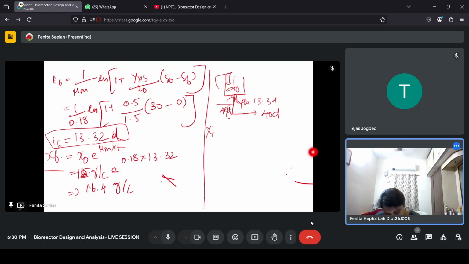So X naught, the mass of the cells at the start of the fed batch operation, is equal to the final batch cell concentration, which is what is remaining when you finish the batch, into the initial medium volume. So X naught is 16.4 gram per liter into 100 liter, the initial volume. So 1640 grams is the X naught.